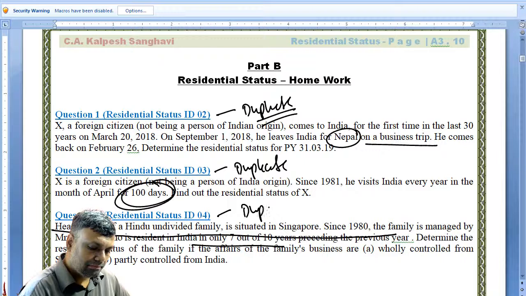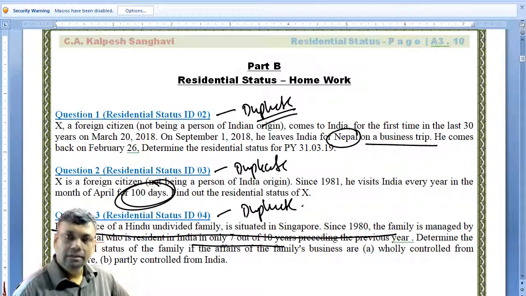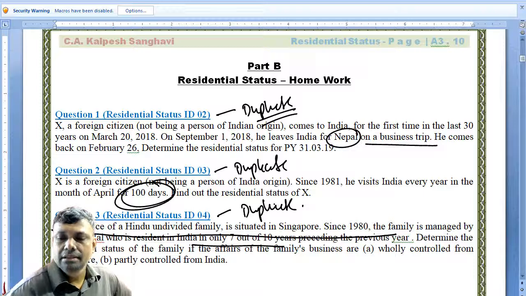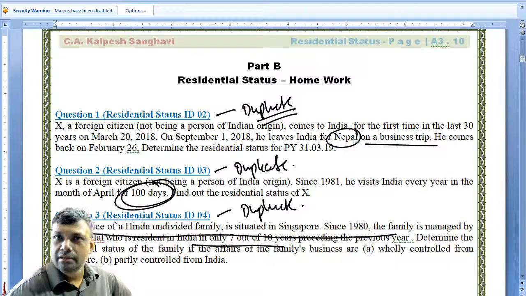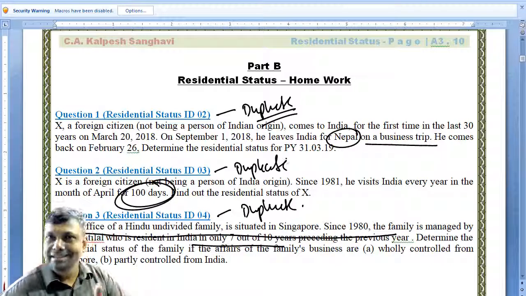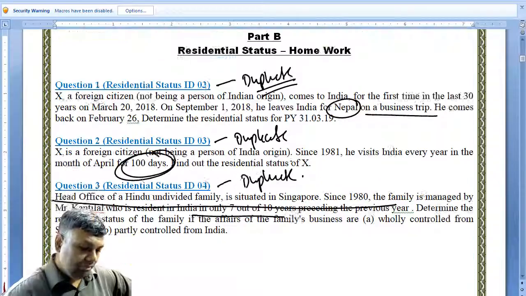This is also a duplicate. Actually this is in the homework section, particularly because these are very popular examination type questions. So ID numbers 2, 3 and 4 are just duplicates of a few questions above. Rather it is not even a homework type, but what we have already solved. But you should practice it. That's what I'm just trying to tell you. Okay, so it's for your practice.